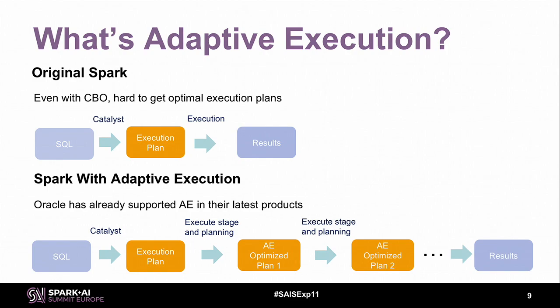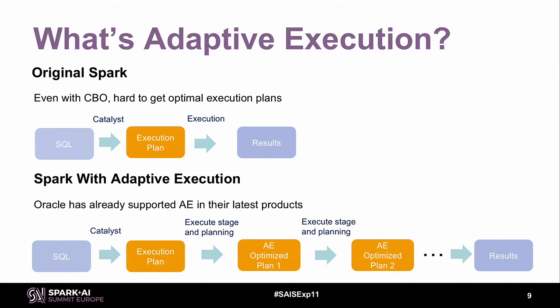And then we divide this execution plan into many stages and execute it stage by stage. In each stage, the Spark engine can see the data statistics from the previous stage, so it can dynamically identify extra optimization opportunities and make an adjustment on the fly.